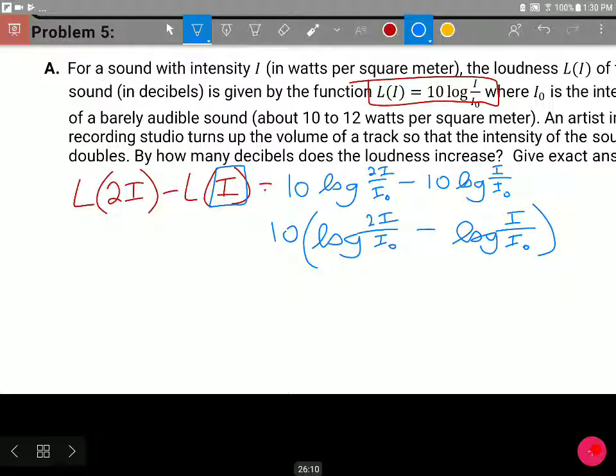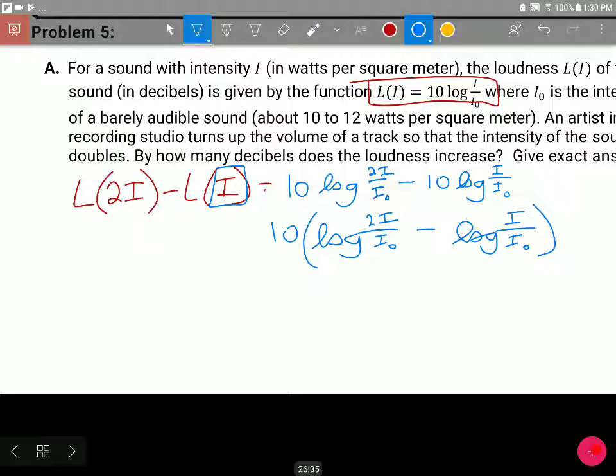Now, question. What is the difference between these two logs? What is the only difference? The 2. One has the 2 in it, one does not. So I'm going to expand this log so that the 2 is broken off. Okay? The 2 is on top. So would it be a positive log or a negative log? Positive.